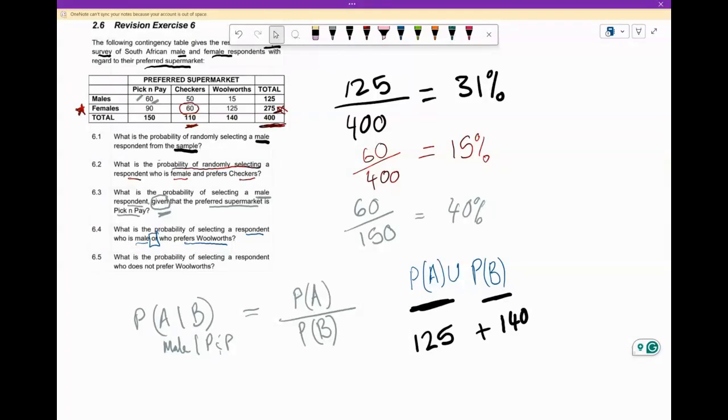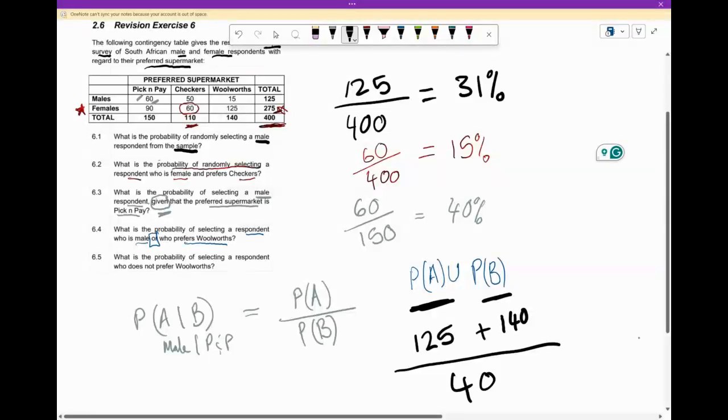Whereas with intersection, we're saying there's an overlap between these two probabilities. That overlap, we want only the intersection, those values. What's the probability of those outcomes? Make sense? Okay. So here we're saying 125 plus 140 divided by 400.